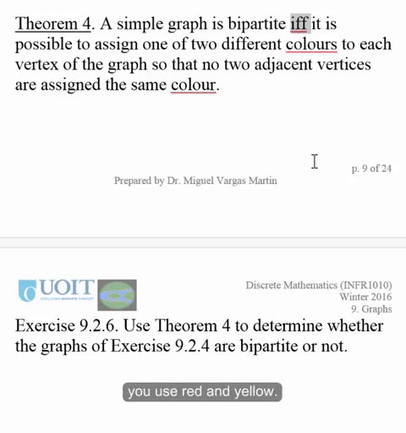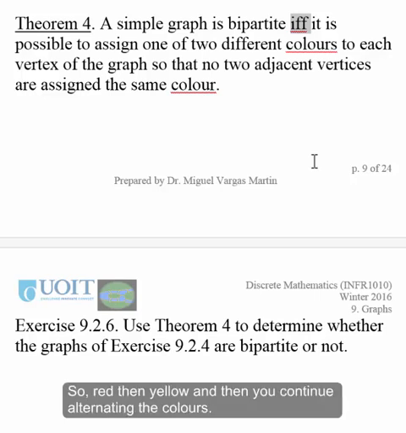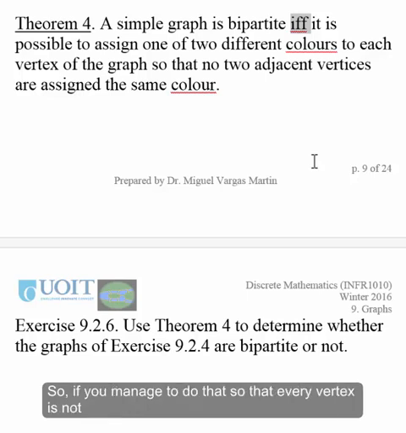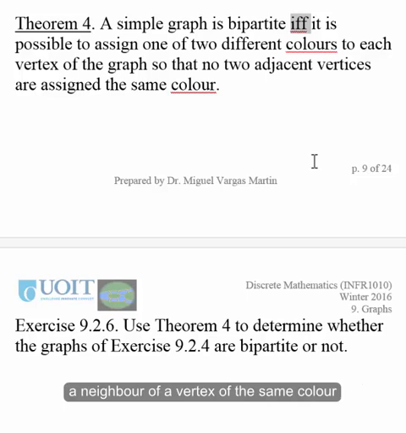You use red and yellow, so red and then yellow, and then you continue alternating the colors. So if you manage to do that, so that every vertex is not a neighbor of another vertex of the same color, then you have a bipartite graph.